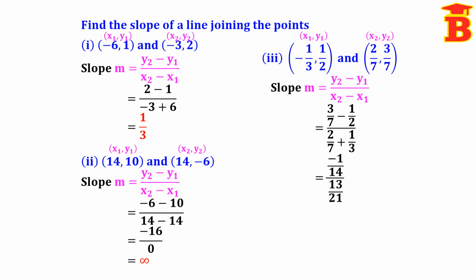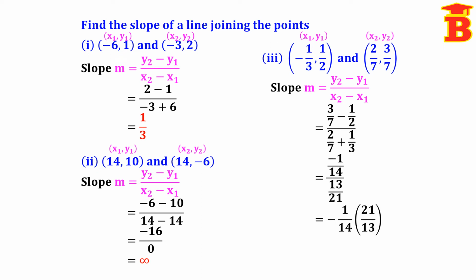Now this numerator take LCM, 14 is the LCM, cross multiply the numbers 6 minus 7, that is minus 1 by 14. Denominator take LCM 21, cross the numbers 6 plus 7, that is 13 by 21.